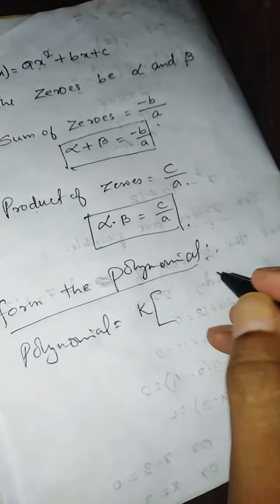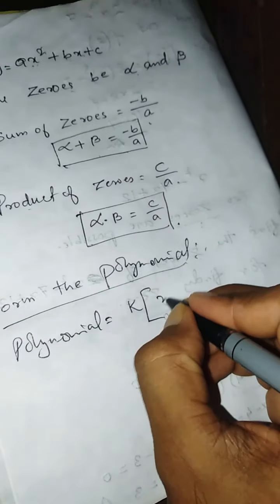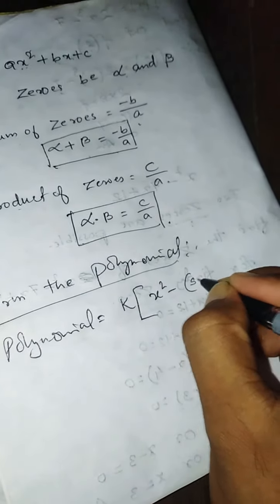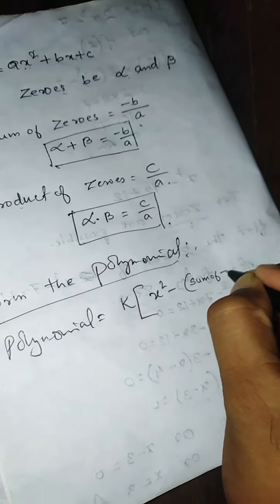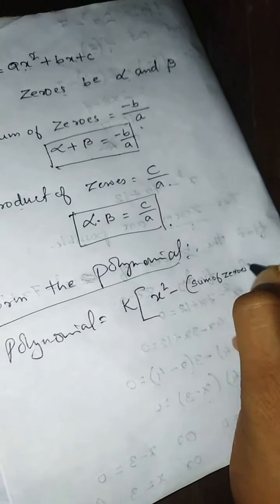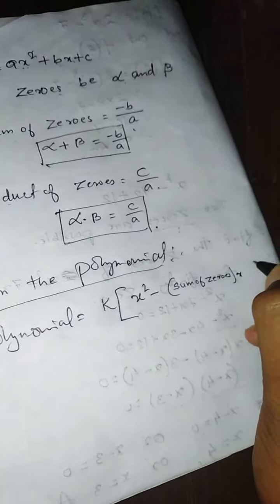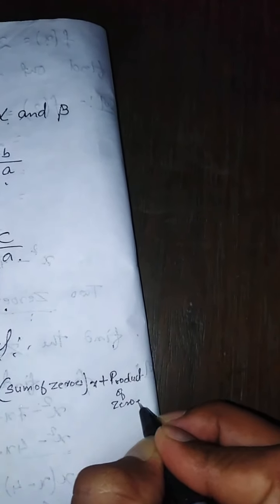If we solve some questions based on this formula, it will be more clear to you. k x square minus sum of zeros into x plus product of zeros, bracket close.